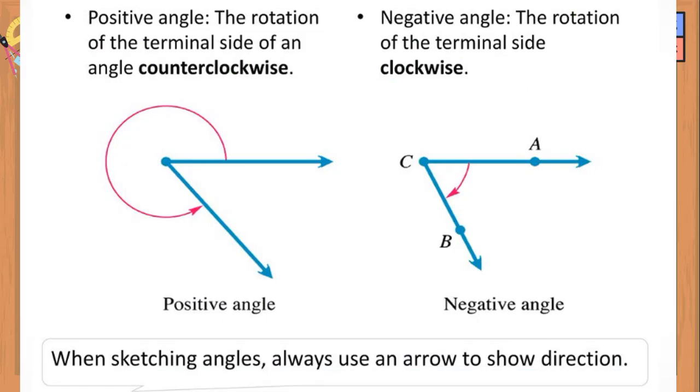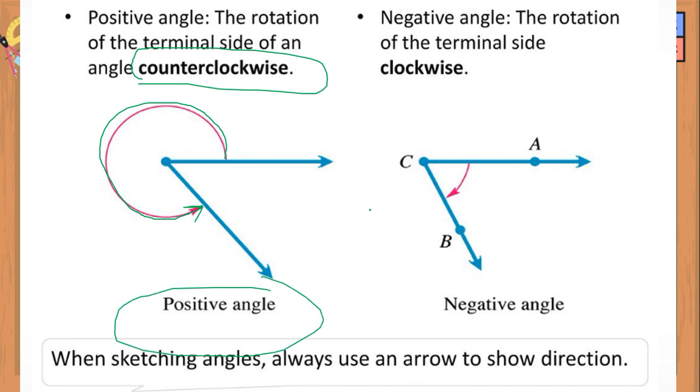So, bigyan natin ng another diagram. So, as you can see po, the counterclockwise, yung ginawa natin kanina is positive. So, ito po yung counterclockwise kasi pwede kayong malito doon sa ikot ng ating graph. The rotation of the terminal side of an angle counterclockwise, so, positive po yung mga yan.